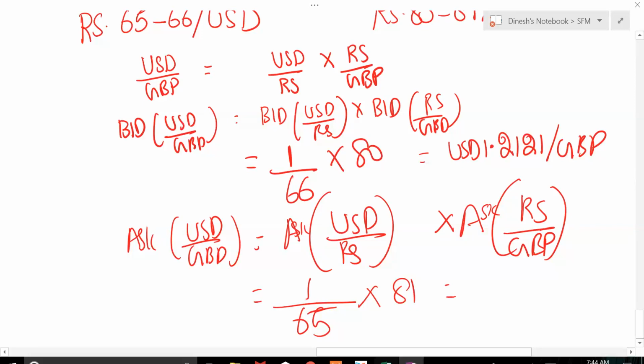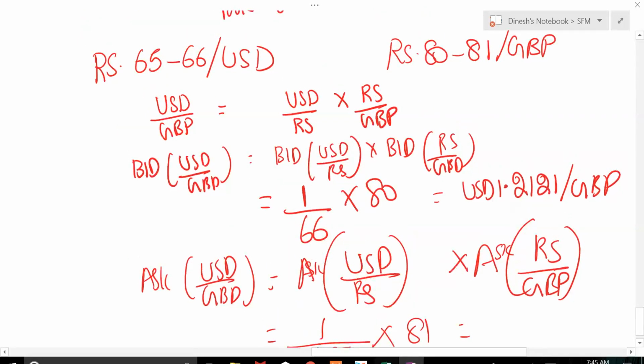If you have understood till this, according to me, 30-40% of international finance is over. This adjustment I'm talking about, cross rates, people still make mistakes. The first difficulty you will face is whether to divide or multiply. The second difficulty is whether to use bid rate or ask rate, whether to use 65 or 66.